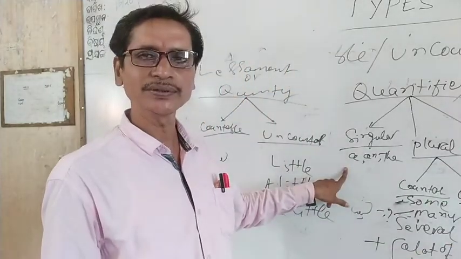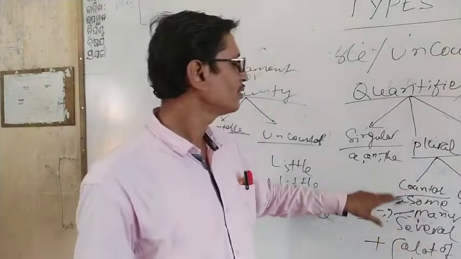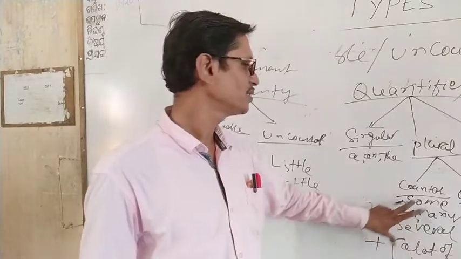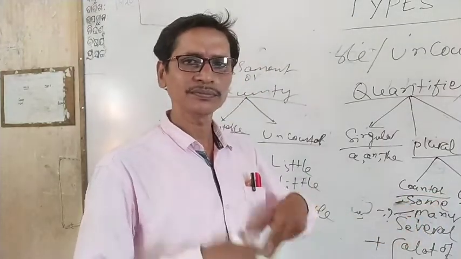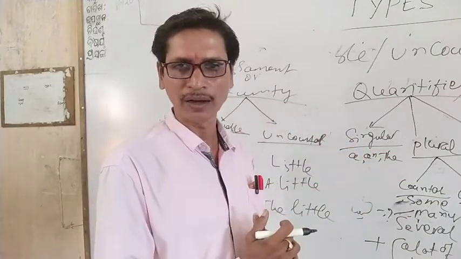For singular, we use a and the. For plural, we use several words as quantifiers for countable nouns. Similarly, we use several words to express the quantity or amount of uncountable nouns.